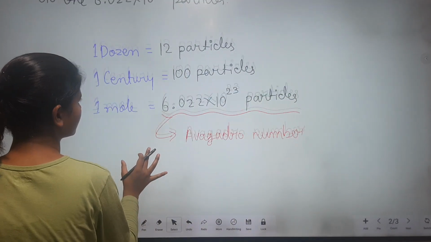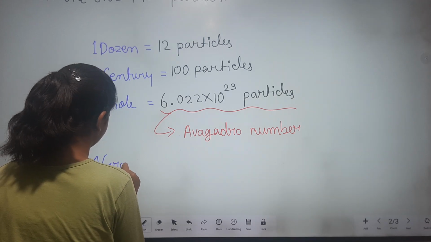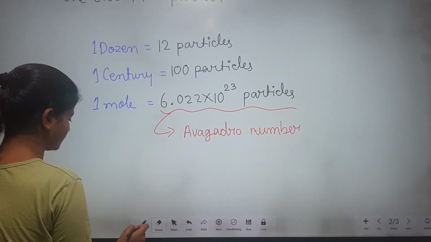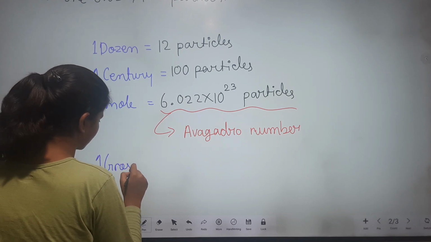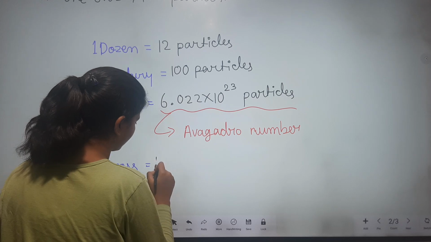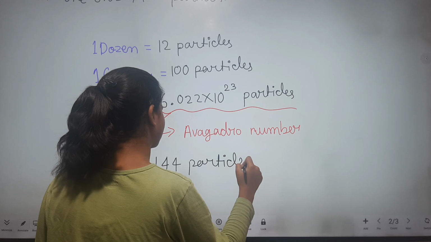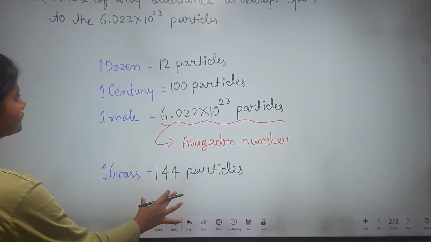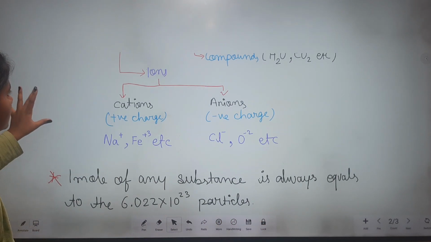Okay, here 1 gross is equal to 144 particles. Okay, so one thing you should have to learn.